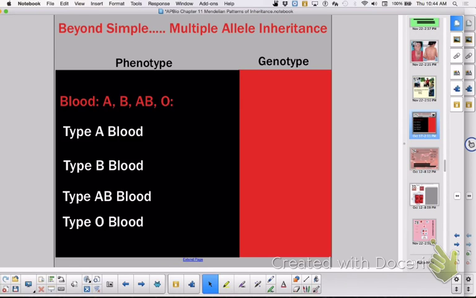Law of independent assortment. We need to bring in 2 sets of alleles to talk about independent assortment, and we're saying they would be on 2 different chromosomes, and you can get any combination. In the example we looked at, peas could either be round or wrinkled, and either yellow or green.